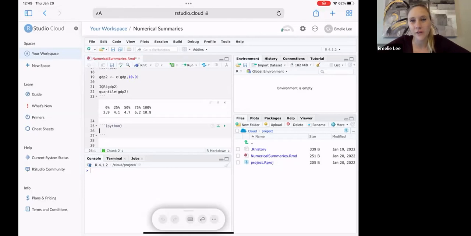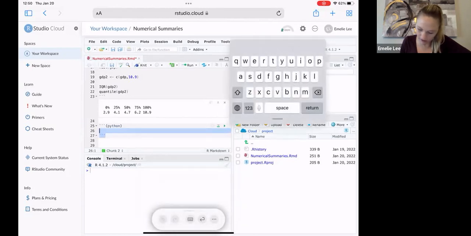Okay, I know for you guys in data science, you are expected to have it up and running on your own computer, but it's just nice to have other options. So for showing on my iPad, I'm going to use RStudio Cloud, and it seems to be really good. Because before we couldn't use R on our iPads, that was my only issue.